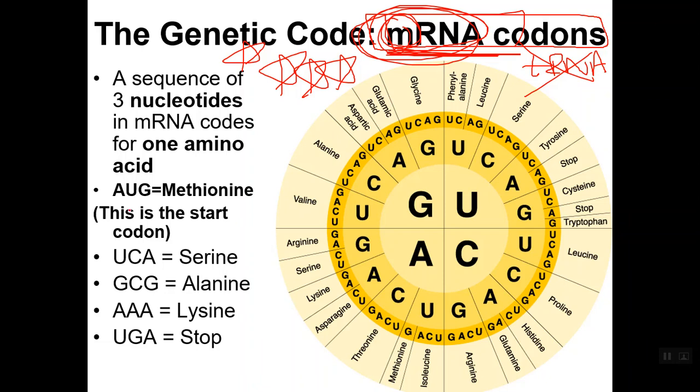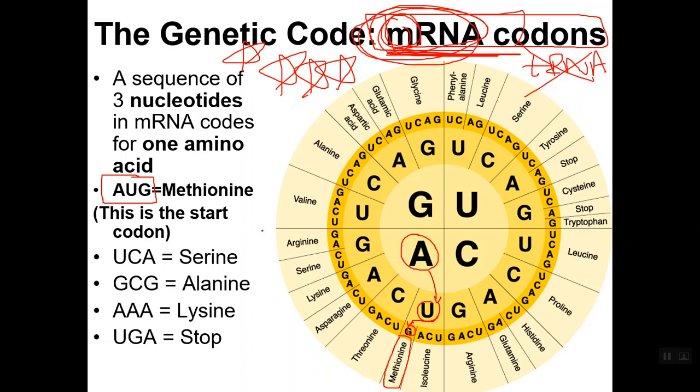So here's how you read it. You start in the middle and work your way out towards the edge. Let's look at AUG. If that's your codon, you start here with A, then go to U, and then go to G. That codon pairs up with methionine, which is a type of amino acid. It's one of your 20 amino acids.